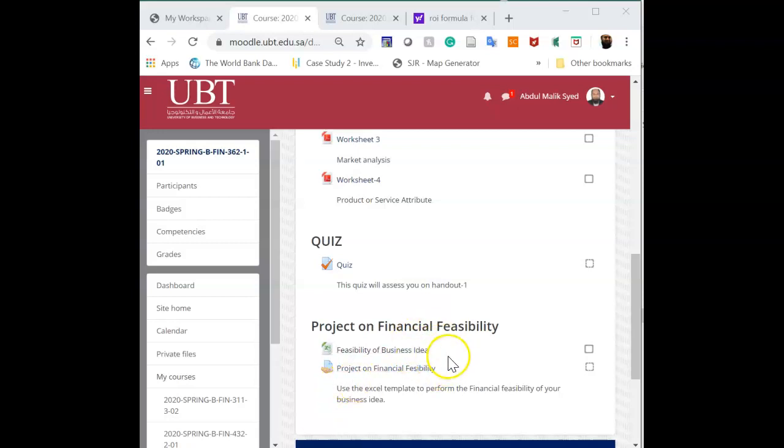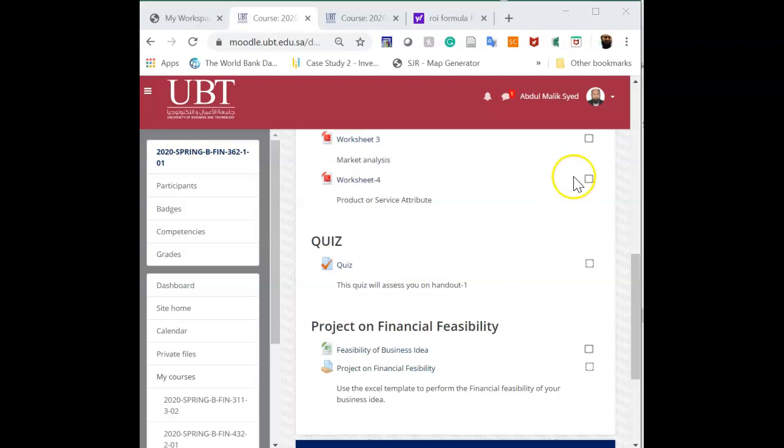So in order to do the viability of your business idea in the financial aspects of your business, please download this feasibility of business idea template, right? And once you complete the financial viability of your business idea, you need to submit it here before this Friday. Okay.